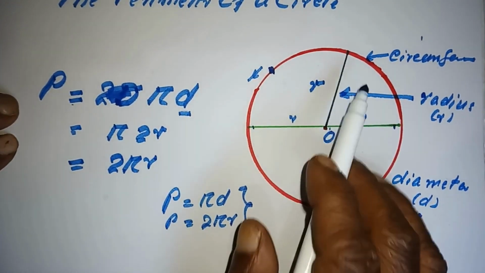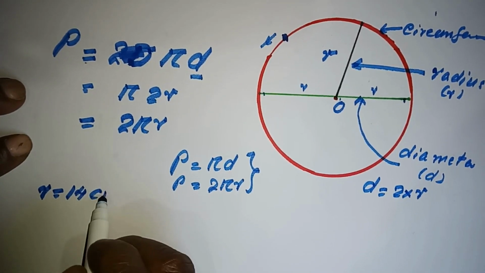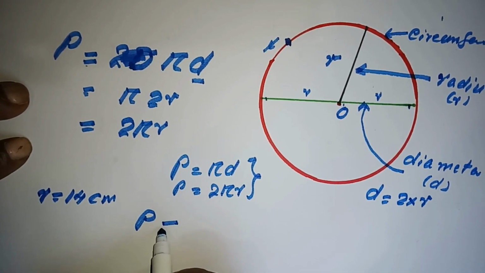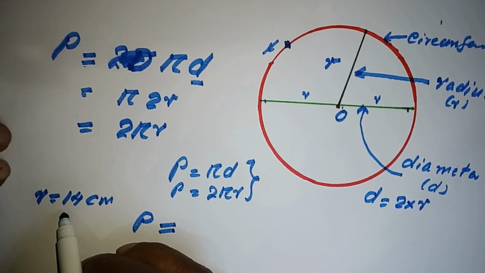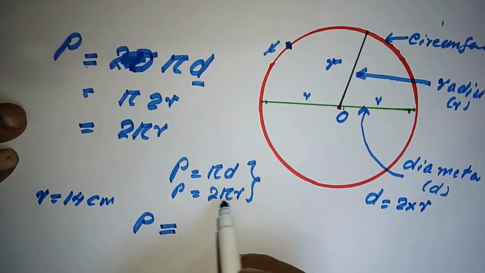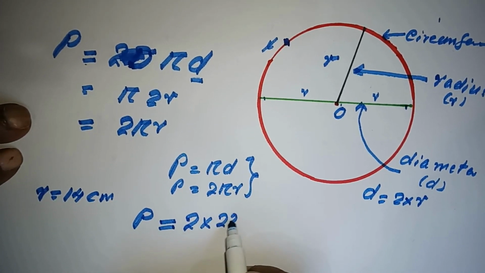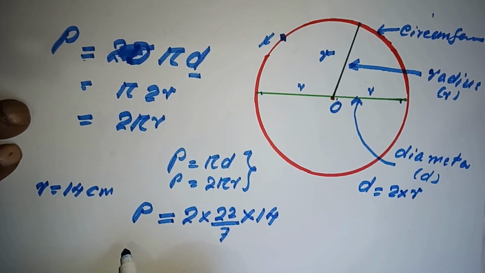Now, for example, if the radius of a circle is 14 cm, the perimeter of the circle will be P is equal to, now since they have given the radius here, we can use this formula. That is 2 into pi, which is 22 over 7, and r will be 14.